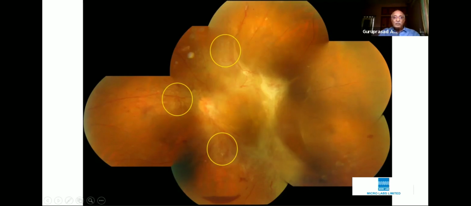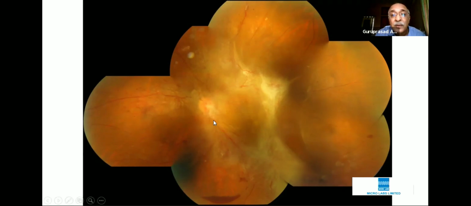And of course, there are dot and blot hemorrhages everywhere in the fundus, though not many. But look at the subhyaloid hemorrhage here, a hemorrhagic area just nasal to this fibrous tissue complex, and the subhyaloid hemorrhage in the equatorial region, maybe slightly posterior to it. So this is the description of the left eye.